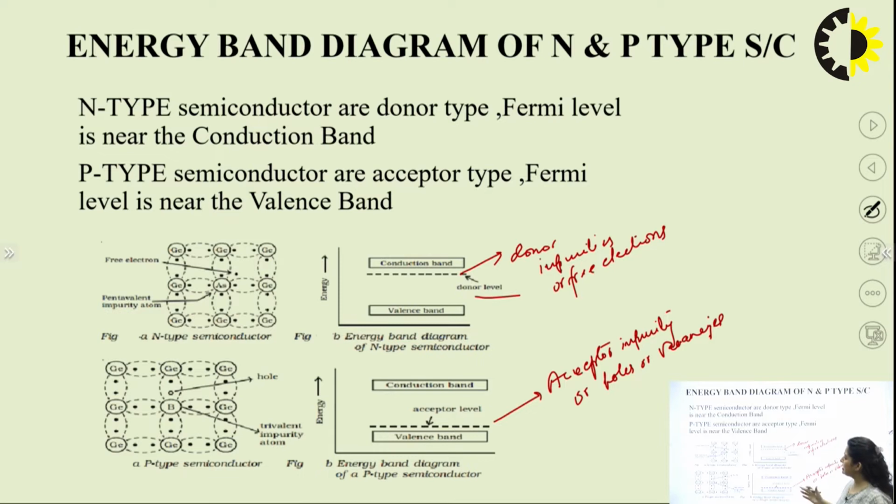Basically, the purpose of this diagram is to show how the impurities are useful for varying the conductivity of the semiconductor. By this diagram we can easily see that the donor impurity adds an extra electron, and the acceptor type of impurity adds extra vacancies or holes in the silicon lattice.